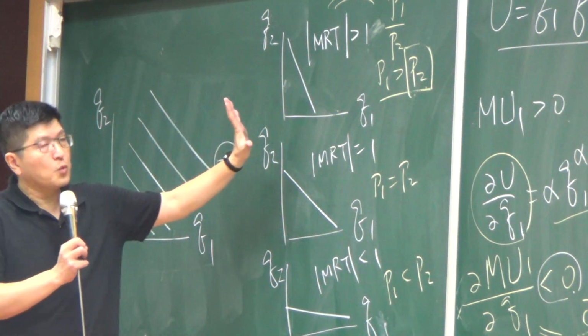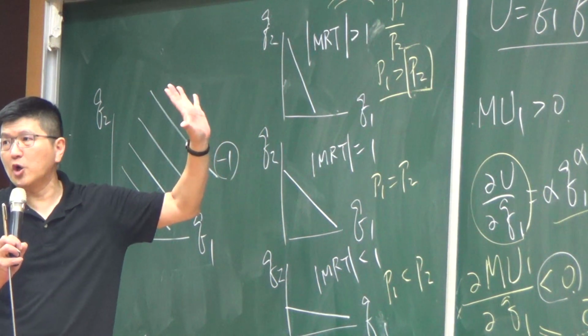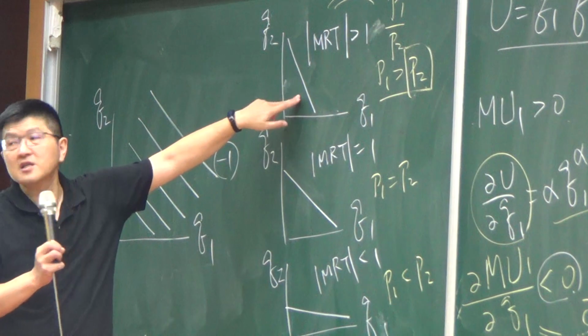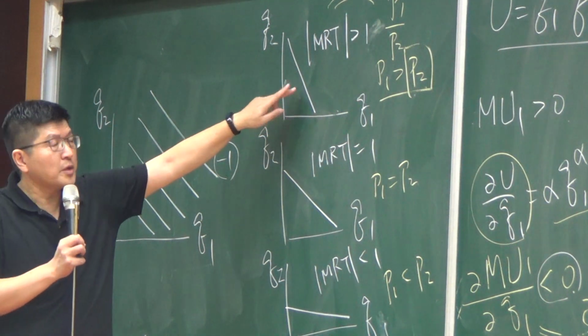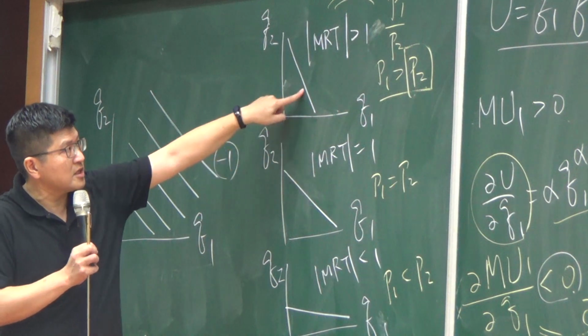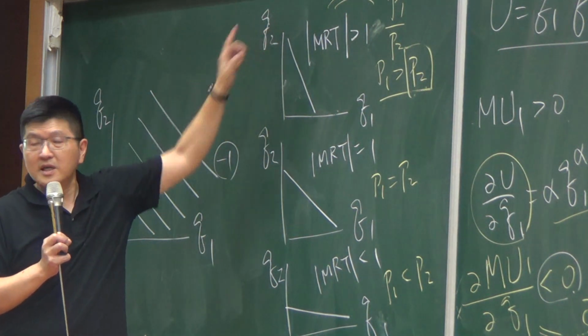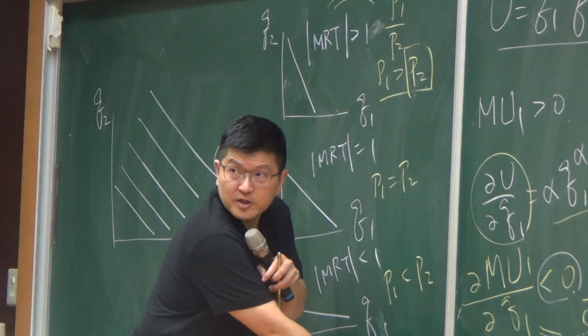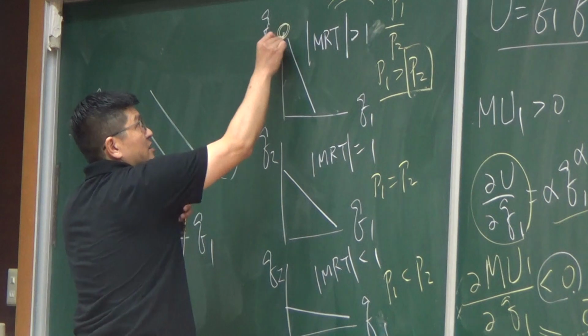So, what would be the optimal choice for us given this budget constraint? We will consume at this point, or this point, or this point. This one, right? It's a corner solution. Do you remember corner solution? I told you, corner solution.